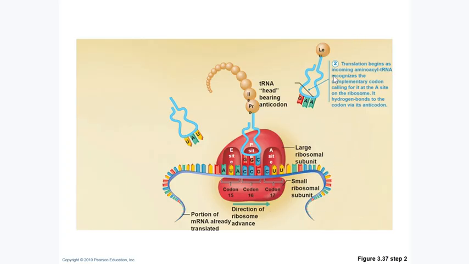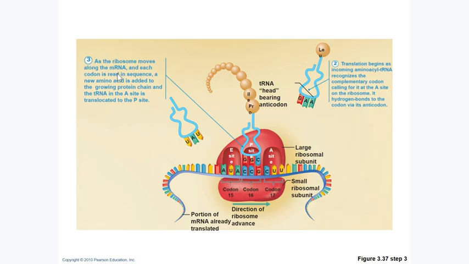So translation begins when an oncoming tRNA recognizes a complementary codon and binds to the A, or the accepting site, in hydrogen bonds. Then the ribosome moves along the mRNA, and each codon is read. So this tRNA moves here, and it then moves to the P site, where it will add its amino acid to the amino acid chain.